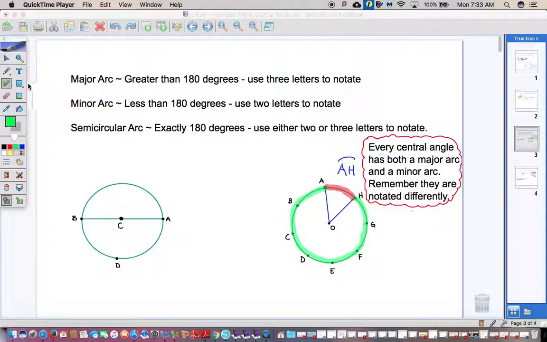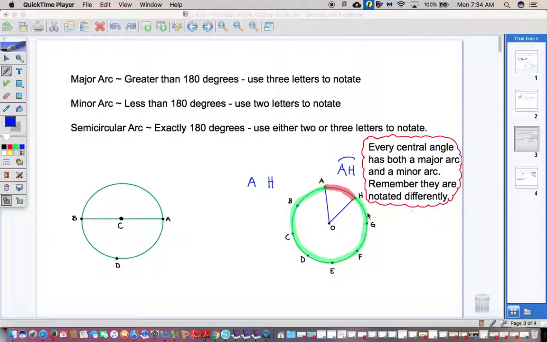So again, we start with the letter A, and we're ending with the letter H, but we're going all the way around, so you can pick any of these other points that you go through in order to notate the major arc.